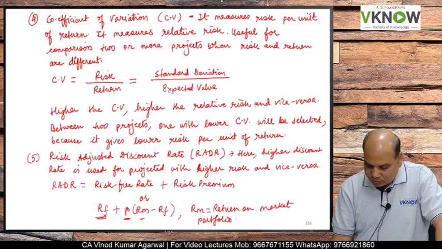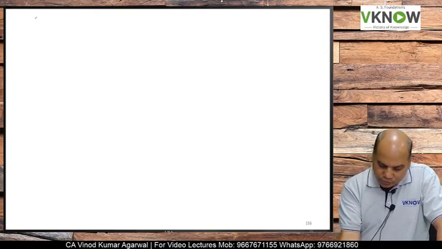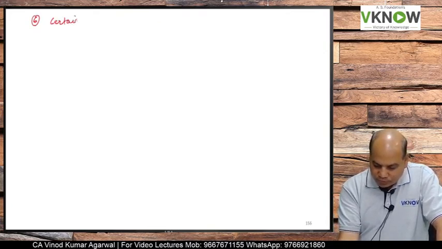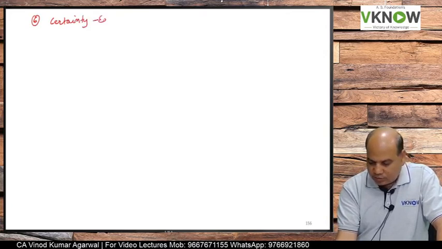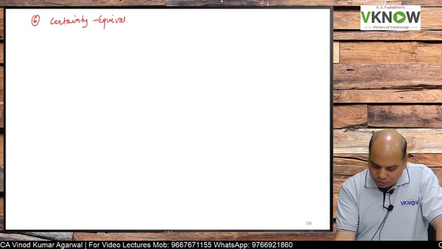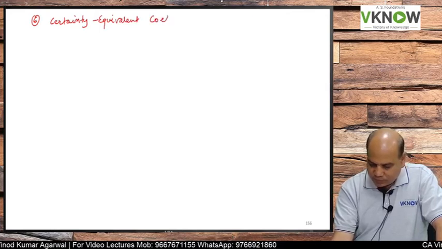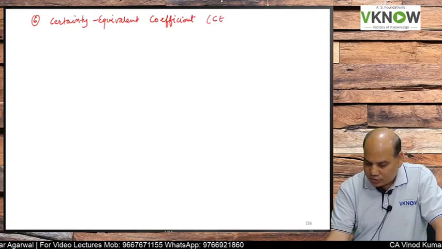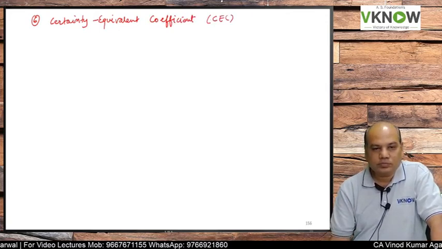How many concepts have we read? Five. The sixth concept in this chapter is certainty equivalent coefficient. Certainty equivalent coefficient is called CEC. Is it right?